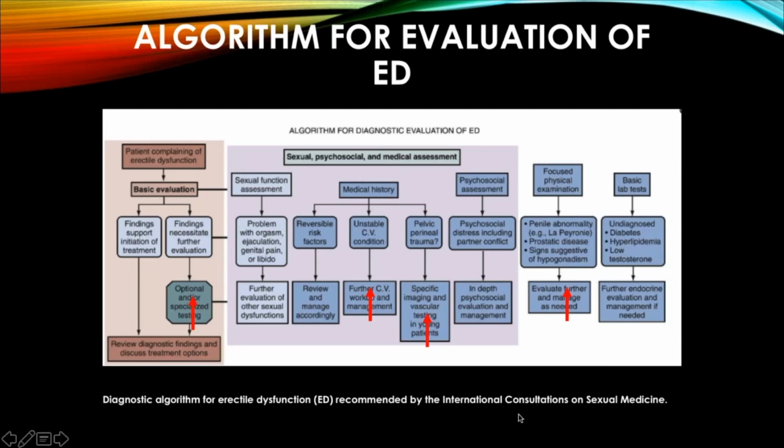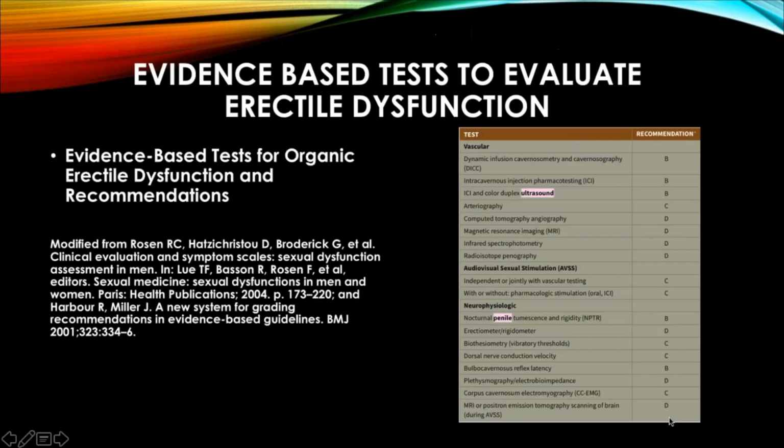So this is an algorithm that came from the International Consultations on Sexual Medicine, and it basically breaks down when further cardiovascular testing or penile duplex Doppler ultrasound is warranted. If you have findings that necessitate it, meaning any history of coronary or cardiovascular disease, an unstable cardiovascular condition, pelvic or perineal trauma, or any penile abnormality such as Peyronie's disease, or a significant history of prostate cancer or treatments thereof, these tests are indicated.